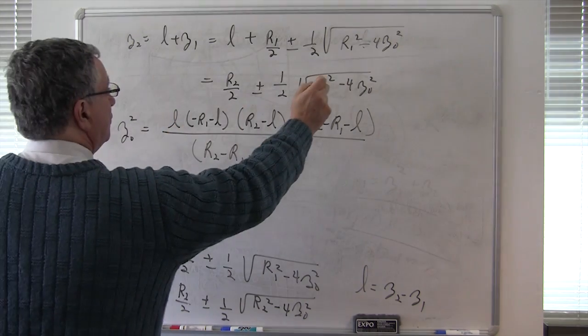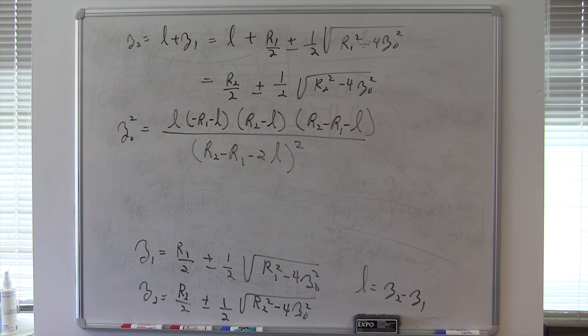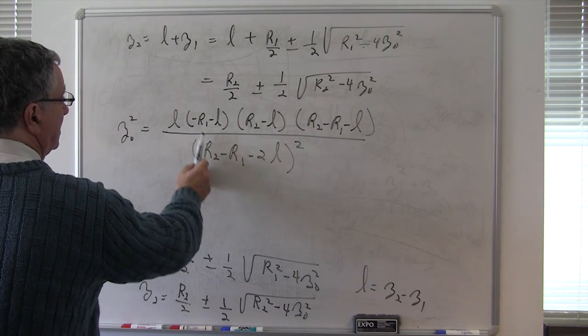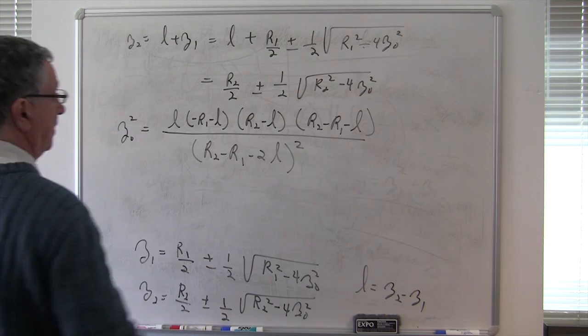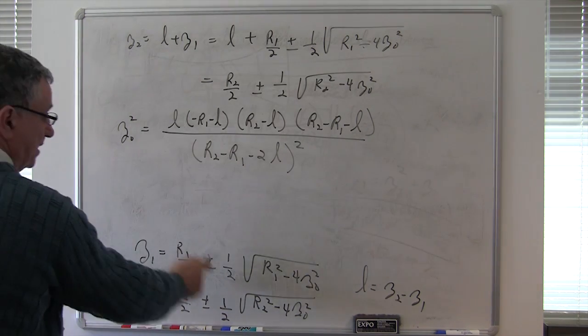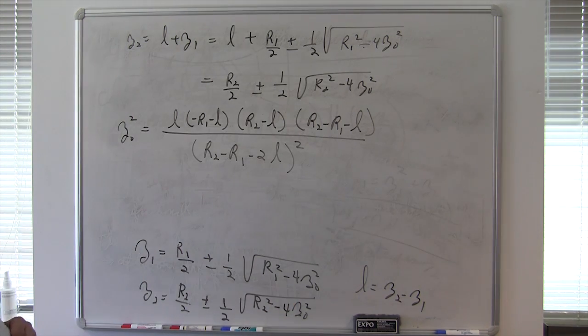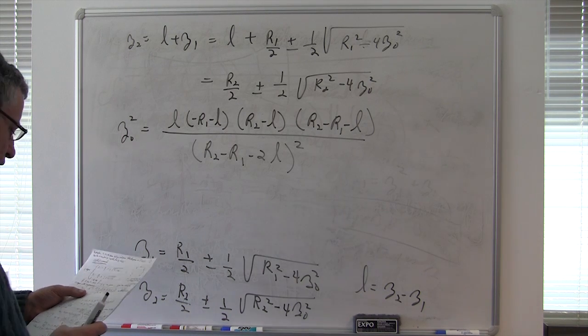So this is the solution of this equation here. So you find that Z0 squared is now expressed in terms of R1, R2, and L. And since we know Z0 now, we can find the positions Z1 and Z2 where we need to put the mirrors. So that's good.